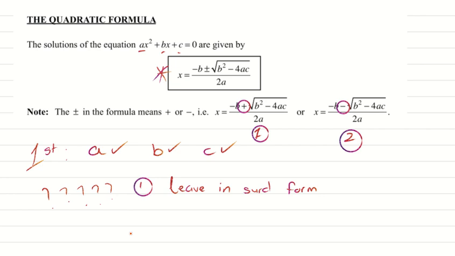Now, the jury is still out in terms of whether or not we can use completing the square here. Right? And I will confirm this, because completing the square also allows you to have your answer in surd form. Okay, so leaving in surd form is scenario 1, and scenario 2 is writing your answer to 2 decimal places.